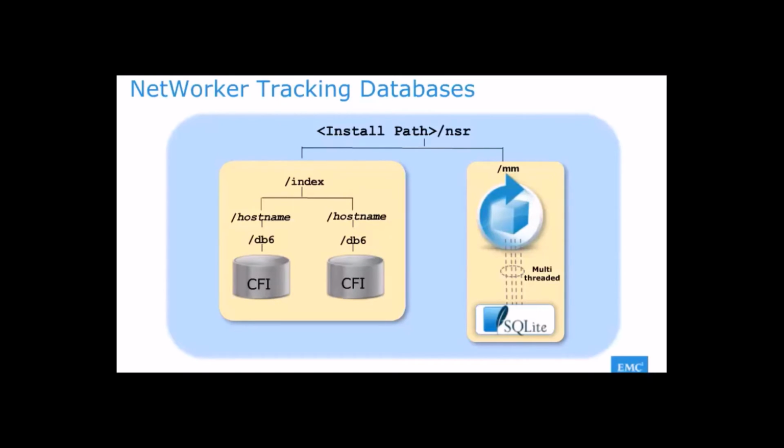As the save sets age, the CFI records are deleted automatically to save space based on the defined retention policy. The media database is a SQLite database that tracks the NetWorker labeled volumes and the save sets contained on them. This information answers the question, on which volumes are the save sets located? All volumes and save sets are listed in the media database and are needed to support recoveries.